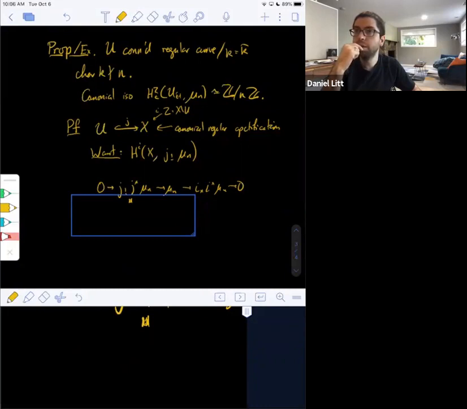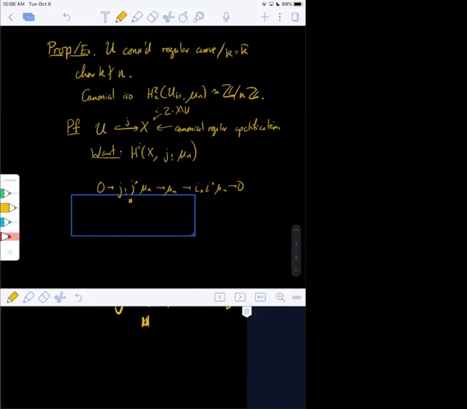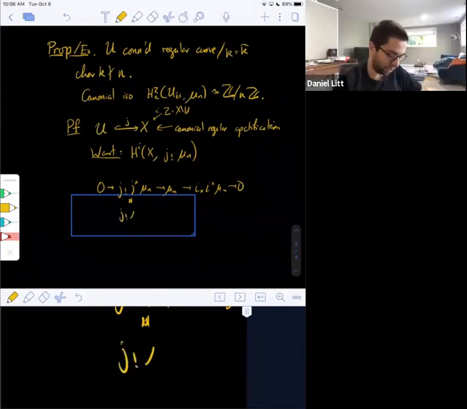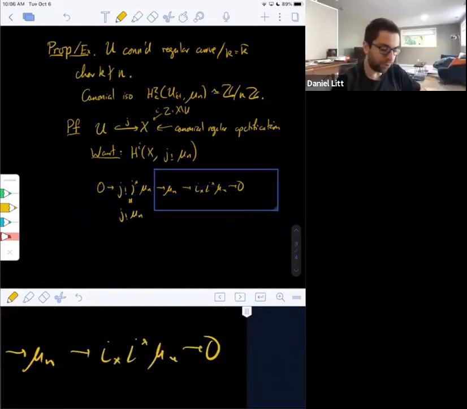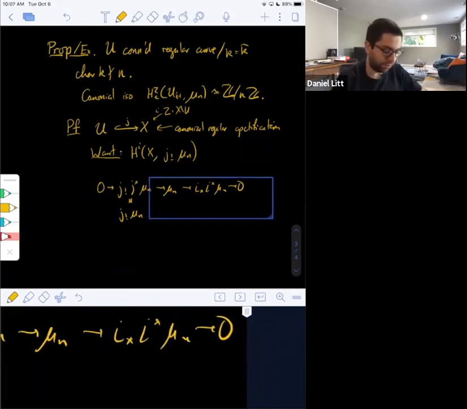It's the restriction to an open subset. Yeah, exactly. If you just think about what the functor is, you just evaluate on an open subset, and that maps into mu_n. So this we can also write as just j_! of mu_n. And what do we know about this i_* i^* mu_n? It's supported on a point. Yeah, on some collection of points. So this is a direct sum of skyscraper sheaves.